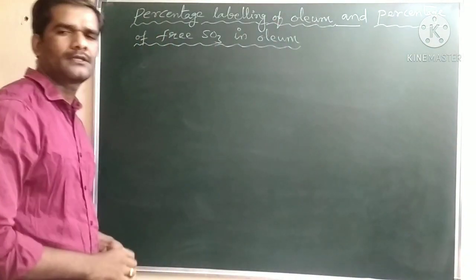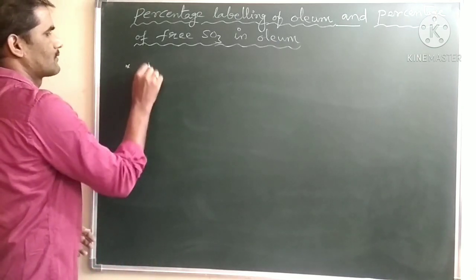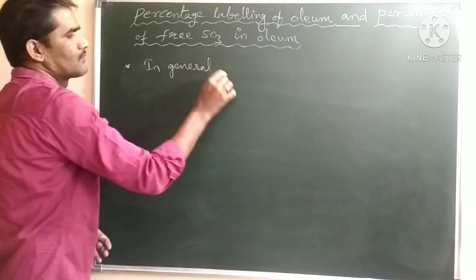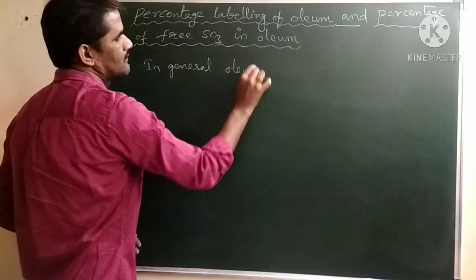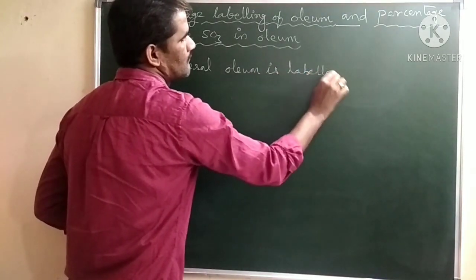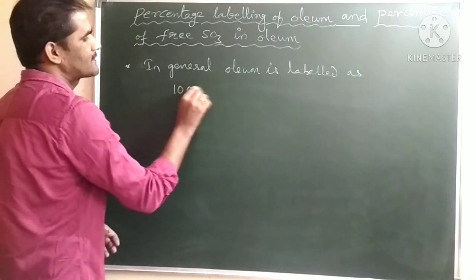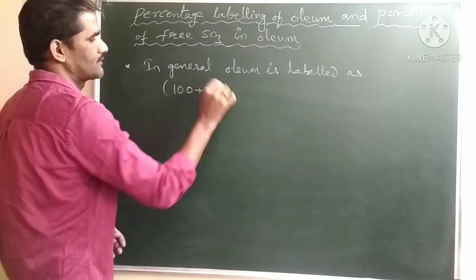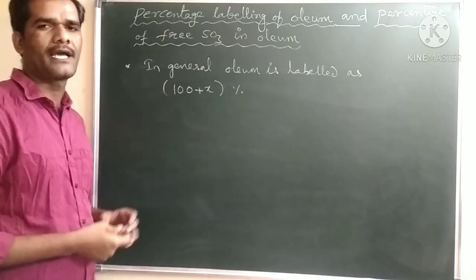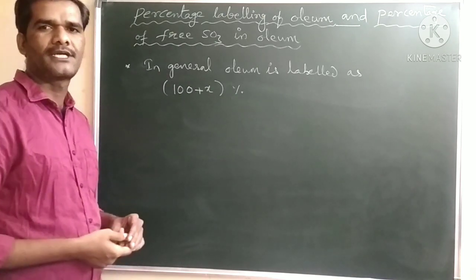In general, commercial oleum is labeled like this: 100 + x percentage. Generally, an oleum sample is labeled as 100 + x percentage. What does this mean?